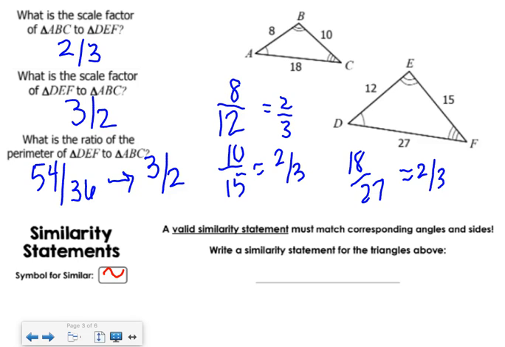So if I said triangle BCA, what is it similar to? What does B match with? EF. Perfect. E matches with B, F with C, D with A. So it's just kind of like a congruence statement we used to have, but now it's similarity.